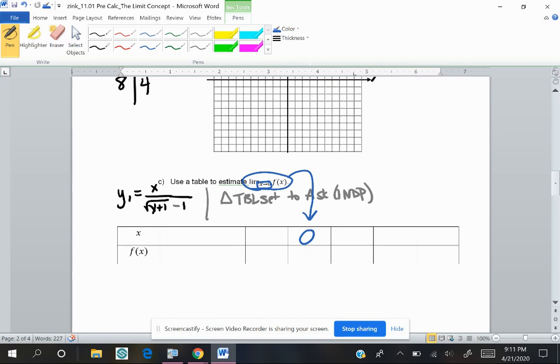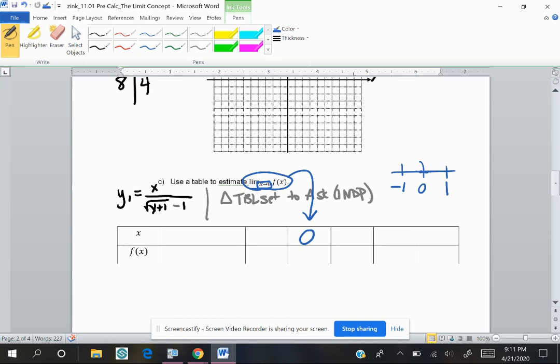So one thing we could do, and think of a number line, if here's 0, to the left is going to be negatives, to the right is going to be positives. So I want these numbers that are really, really close to 0 because I want to see what's happening as we get closer and closer to 0, infinitely close.